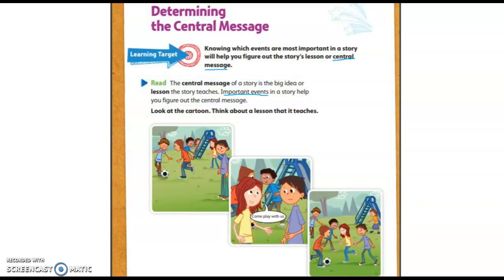Okay, and then in the end, the problem is solved. Why is the problem solved? Yeah, the little boy isn't sad anymore. He's playing. Did these characters learn a lesson? You might say that the characters learned that they should include everybody, to be nice to people.